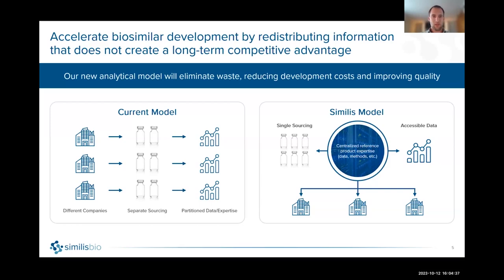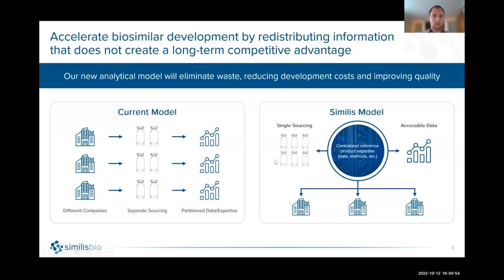Each company has siloed data sets and siloed expertise in each of those analytical methods. And as a contract analytical provider, we would see the same requests coming through over and over again for the same biosimilar, or for the same molecules.